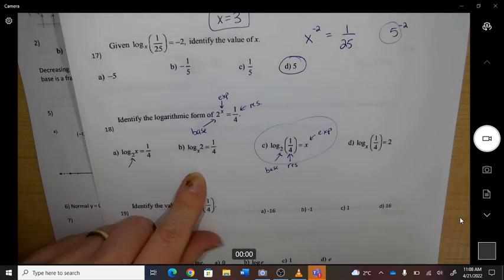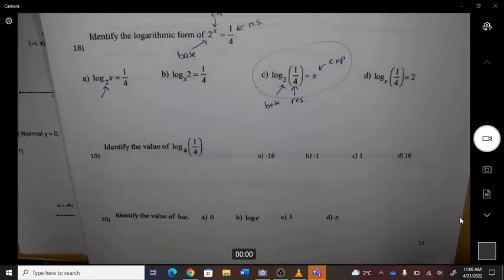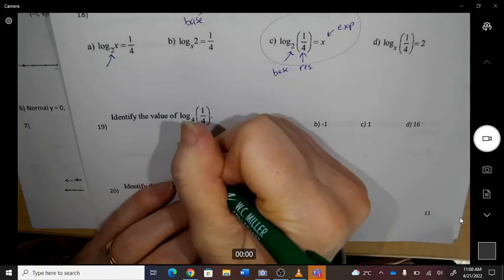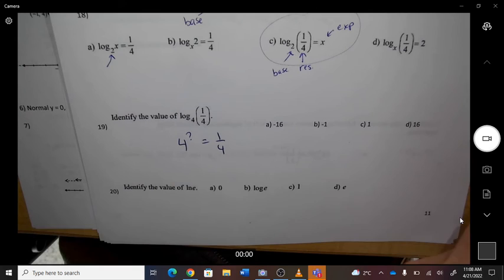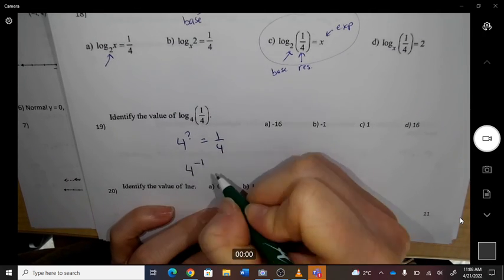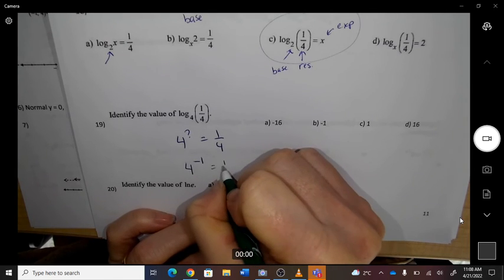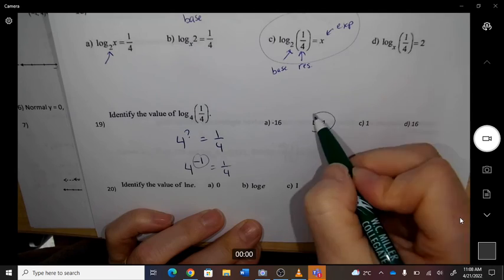So that's what we have to go by. Identify this value. So 4 to the what turns into 1/4. Again, making something go to the bottom means a negative. So I would have to have a -1 to move it to the bottom.